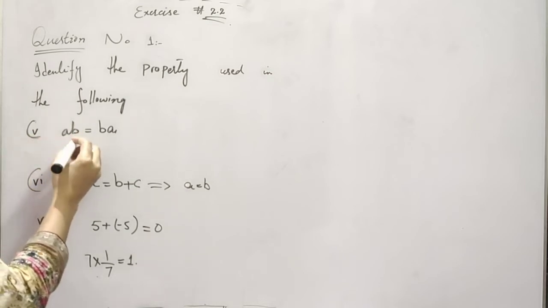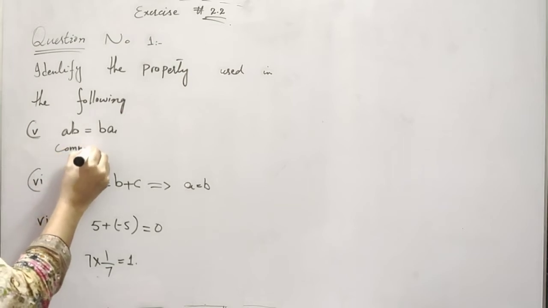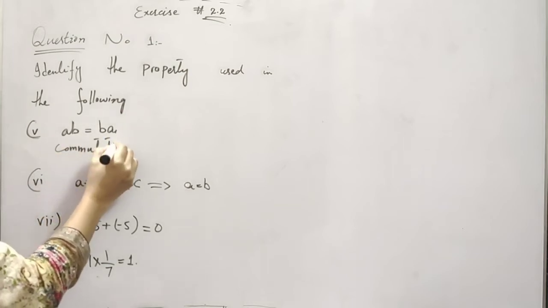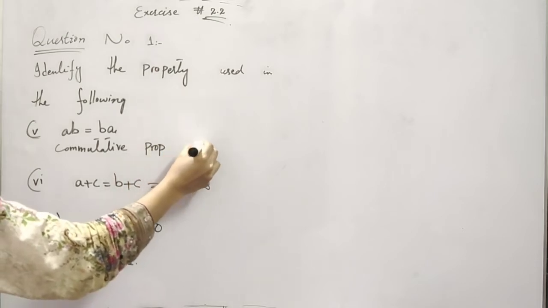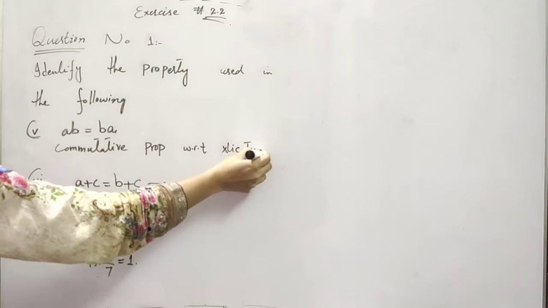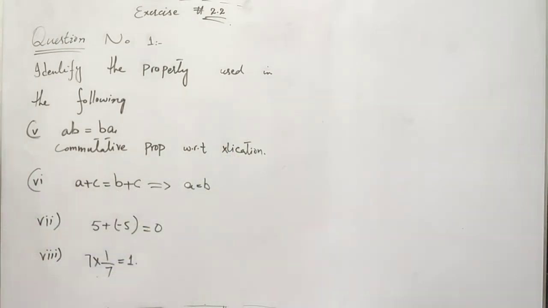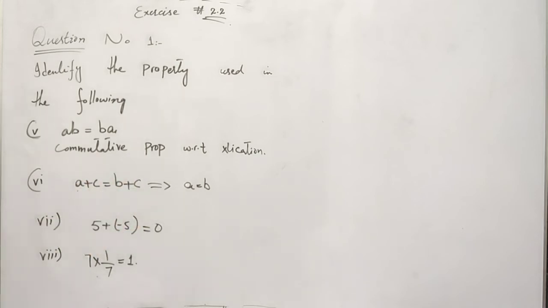So we can say that here the commutative property with respect to multiplication is used.